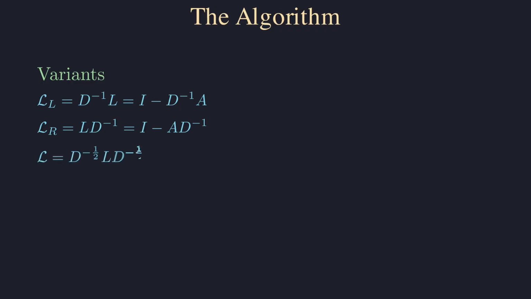The symmetric normalized Laplacian matrix, or just the normalized Laplacian matrix, is defined as follows and is a symmetric matrix. The eigenvalues for all of these matrices are the same. In practice, the symmetric normalized Laplacian is used often.